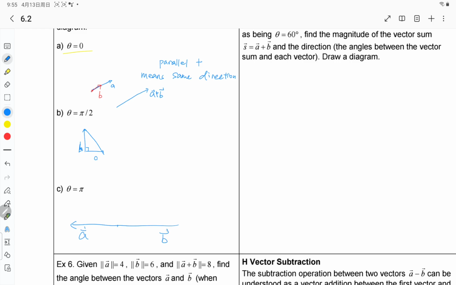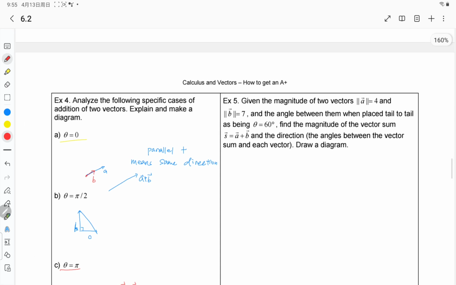A and B, and then A plus B looks something like this, and the magnitude is the difference of their lengths. The pi just means their angle is 180 degrees, in opposite directions.